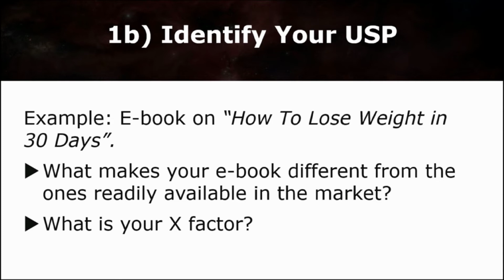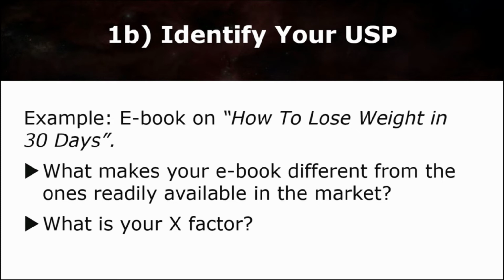What is your X factor? Do you offer different content as compared to the other ebooks out there? Or do you have complimentary or bonus content that other vendors have never thought of? Are you unique enough? As Dan Kennedy, direct response marketing expert, would put it, why should I, your prospect, choose to do business with you versus any other option, including doing nothing?